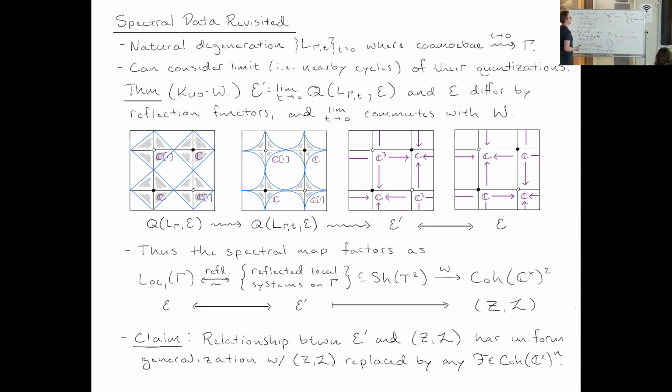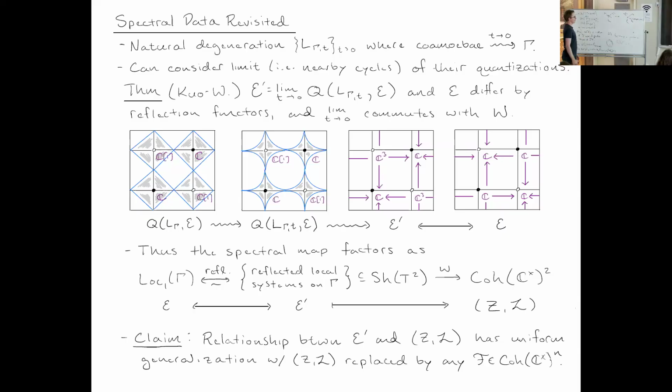Right? And now the claim of the talk is that refactoring things this way is exactly the thing that you need to do to see this as part of a general discussion about tori of arbitrary dimensions, which was the initial agenda for the talk. So the claim is that we started with this spectral data discussion in the dimer model.